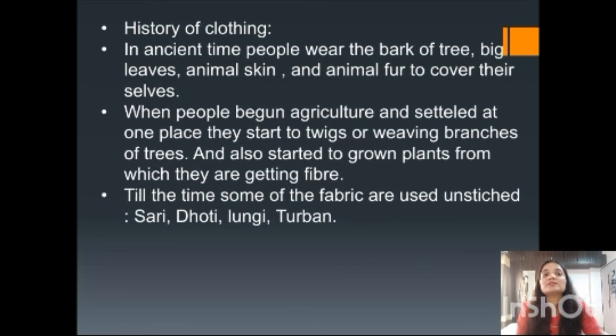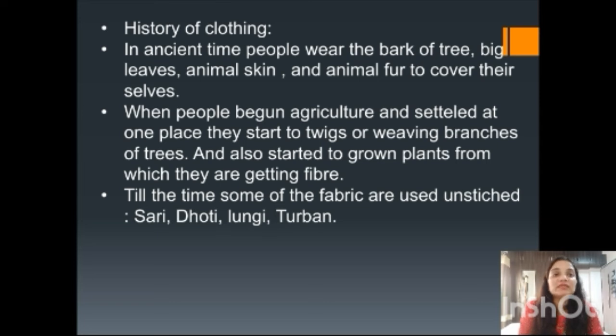Now this one is the history of clothing. In ancient time, what were people wearing? They were wearing bark of trees, big leaves, animal skin, and animal fur to cover themselves.